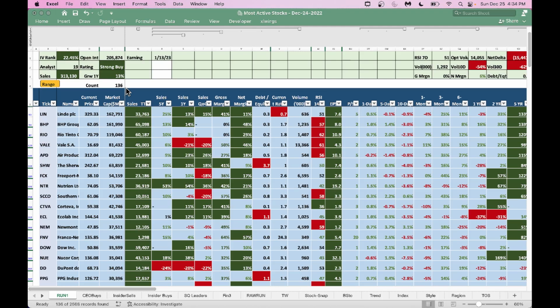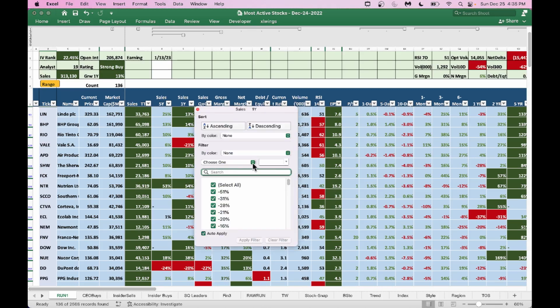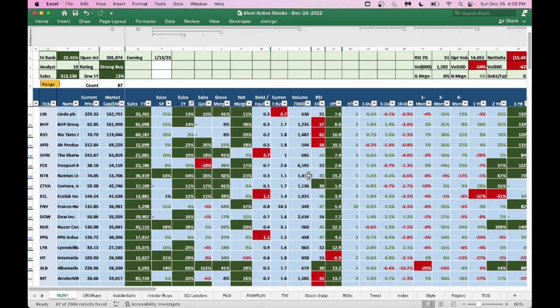I would not use sales growth 5 years, because some companies, like Corteva, a great company, are not 5 years old yet. So let's go to 1 year and make sure sales growth in 1 year is greater than 0, so we look at the companies that are growing. Now we are down from 136 to 87 stocks.